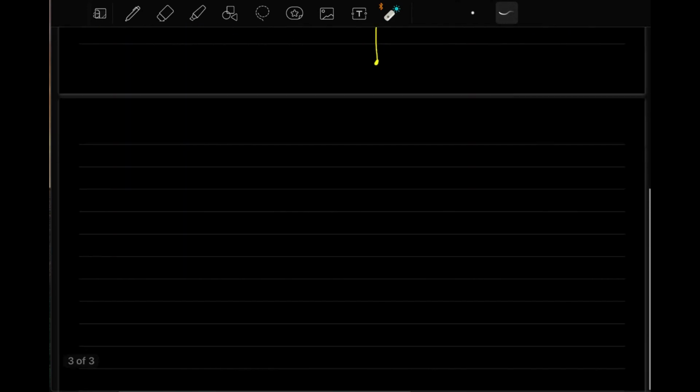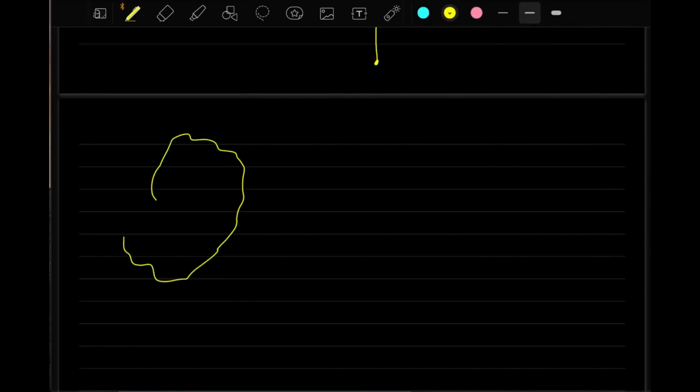So let us say you have a very complex network. We are not going into the details of this network. This network itself contains resistors, capacitors, inductors, and dependent sources.